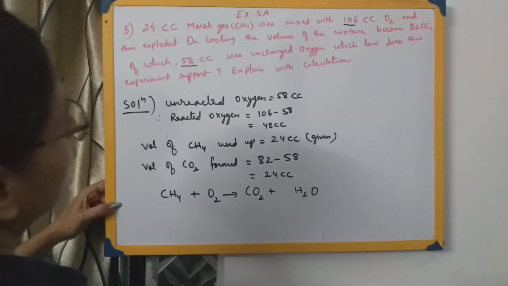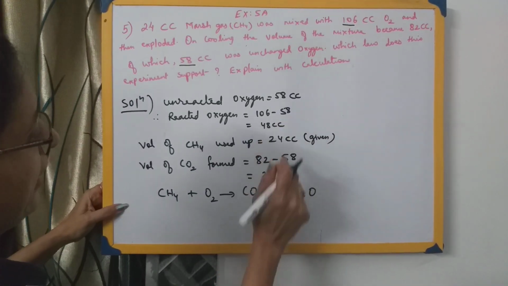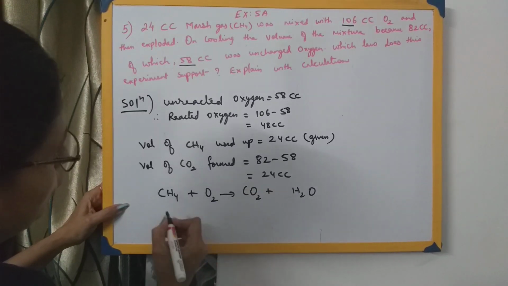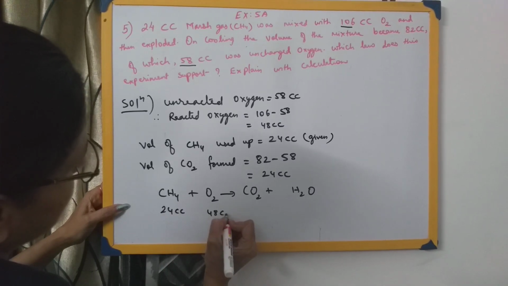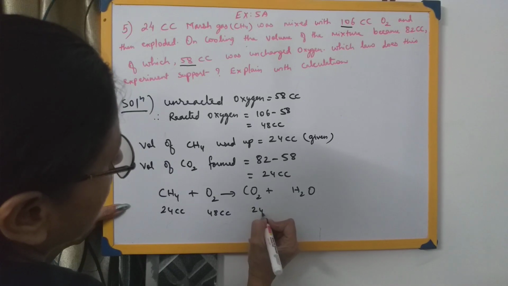Here oxygen is 48 and methane is 24. So let us first write down the volumes: 24 cc, this is 48 cc, and carbon dioxide formed is also 24 cc.